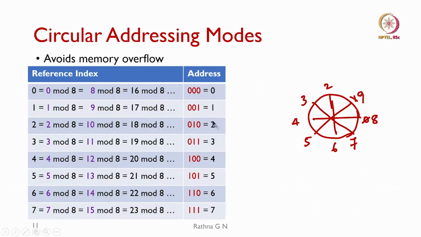In this case we have taken only 8 values, which are sufficient for our operations. Then once the next sample comes, the 8th one, we will be discarding the oldest sample and overwriting on it. That way I will be saving my memory from overflowing.